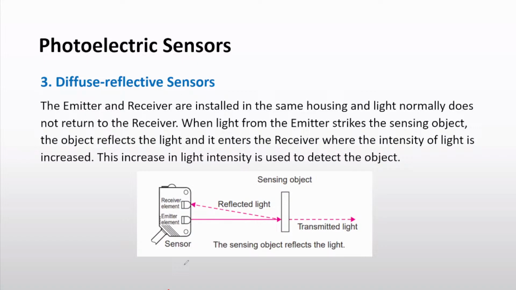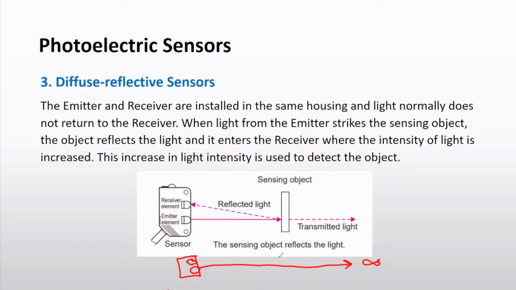If there is no object, what happens? This light beam can traverse towards infinity. In this case you can see the emitter and the receiver are in the same housing. Therefore, when there is no object, the receiver does not receive any light.